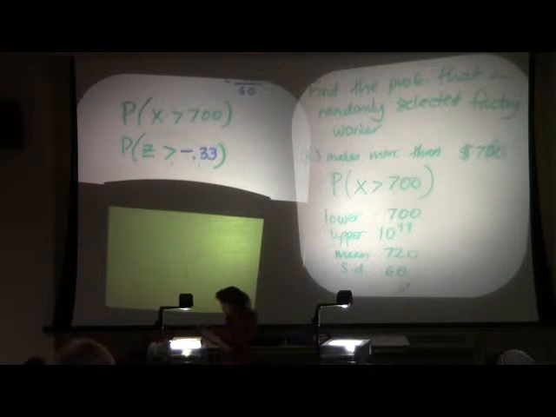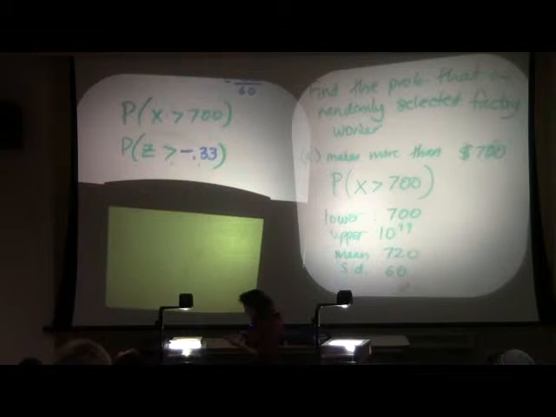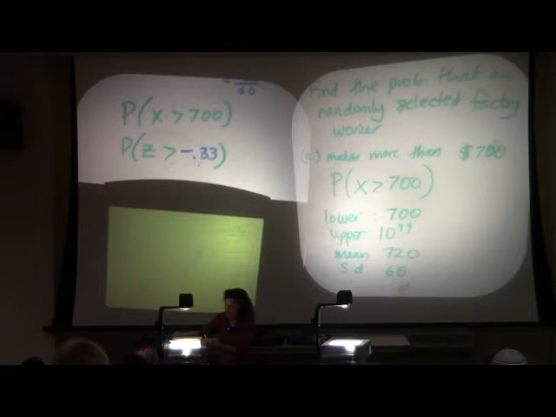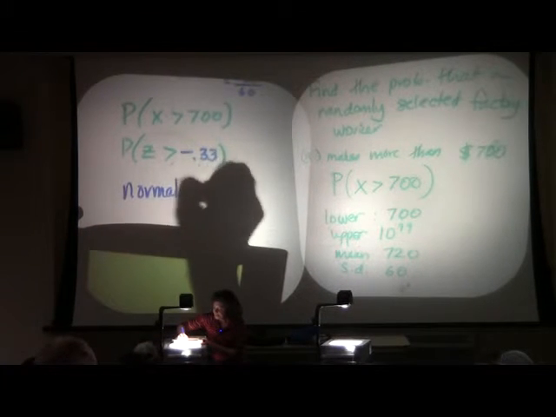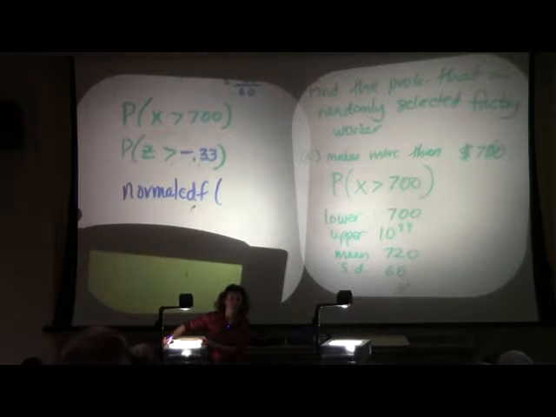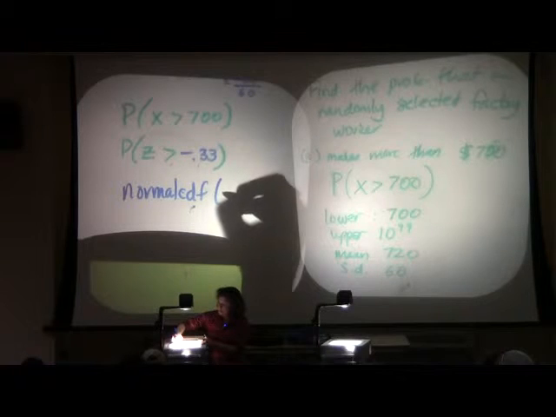So hit second bars, you go down to normal CDF and hit enter. So what it should look like on your calculator right now is normal CDF and then a parenthesis. Well, what do you put in?